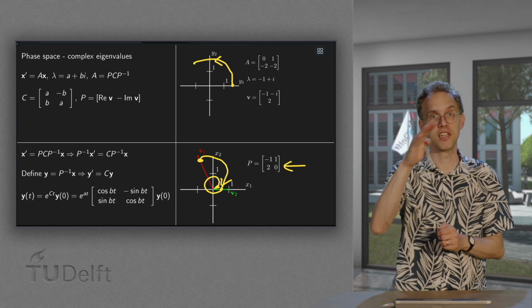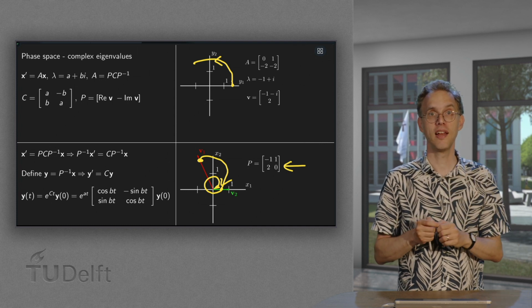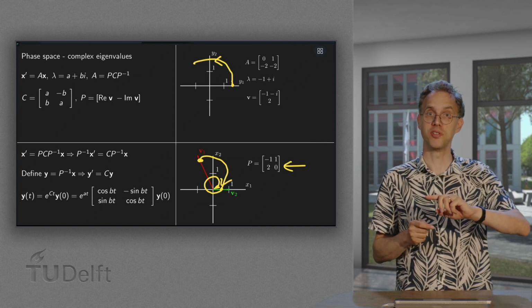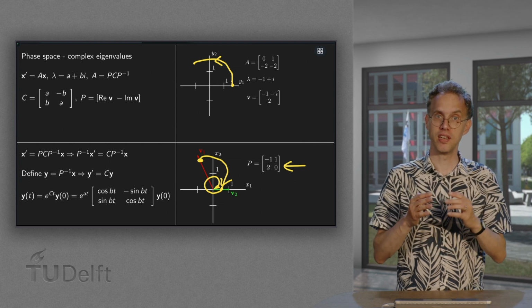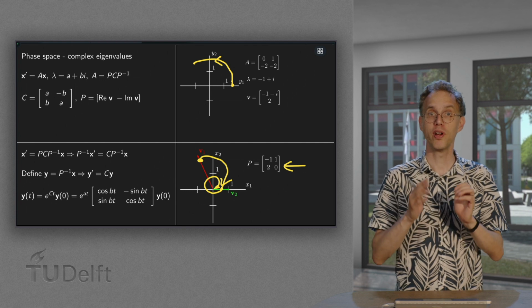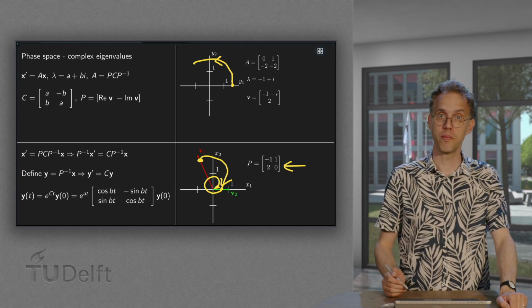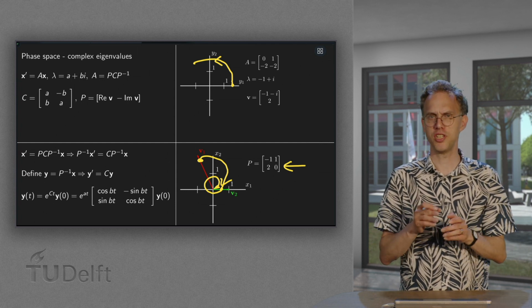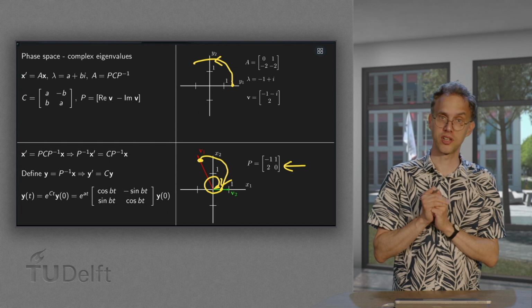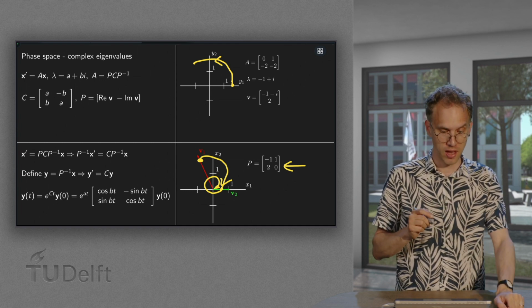So again, we get the spiral point, but do you notice the difference with the upper phase plane? In the upper one we were rotating counterclockwise, and here, in the original problem, we are rotating still inwards, but now we are rotating clockwise. It can be a bit difficult to see whether you are rotating clockwise or counterclockwise. For that we have the following trick.